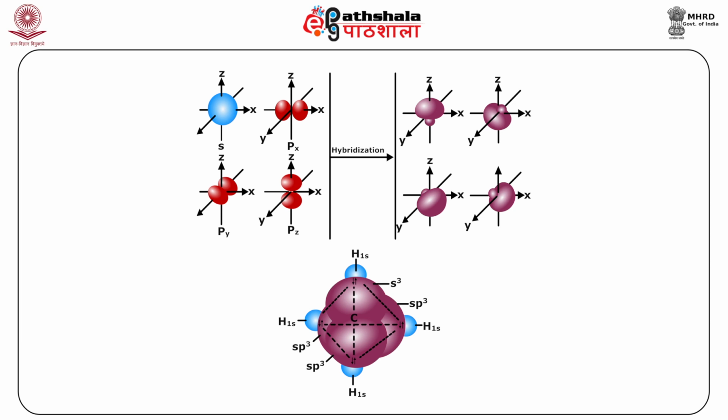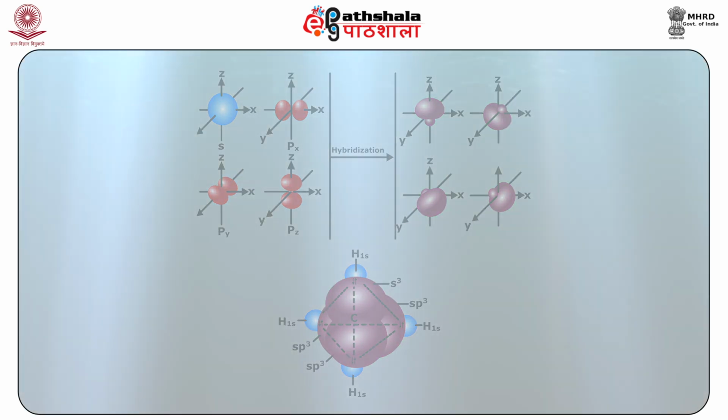The hybridization of one s and three p orbitals leads to the four sp3 hybrid orbitals for the bonding. This has been represented in the figure, where the hybridization of s and p orbitals to give sp3 hybrid orbitals in the methane molecule is shown.